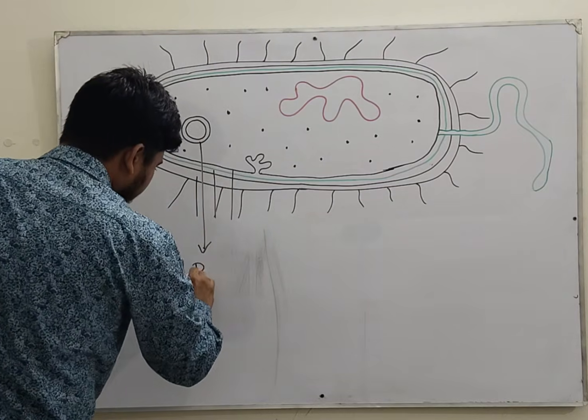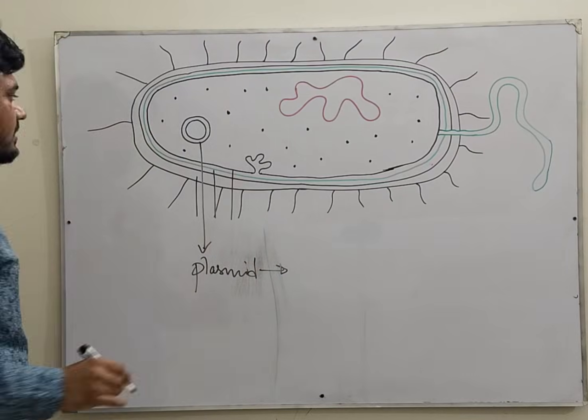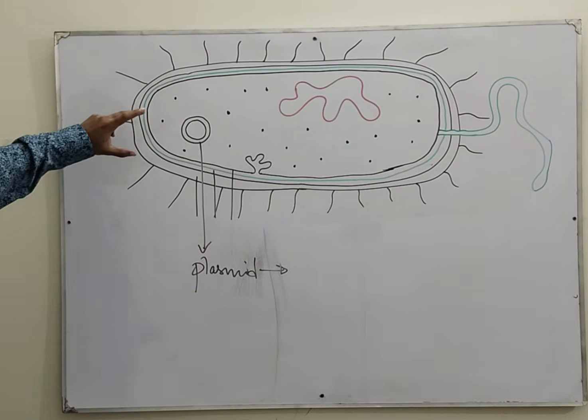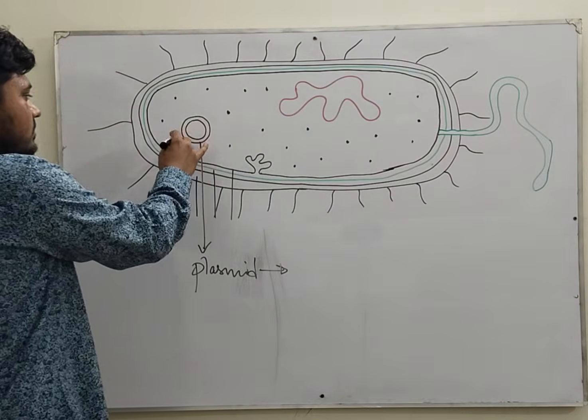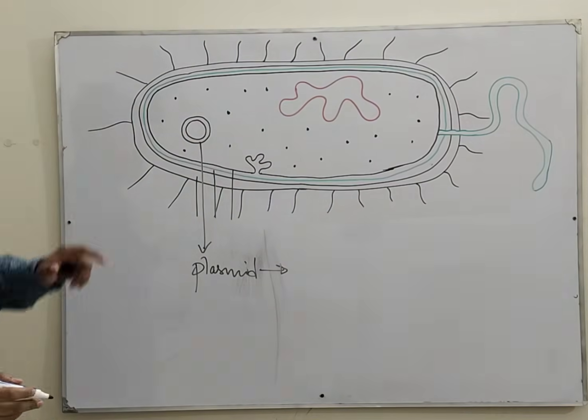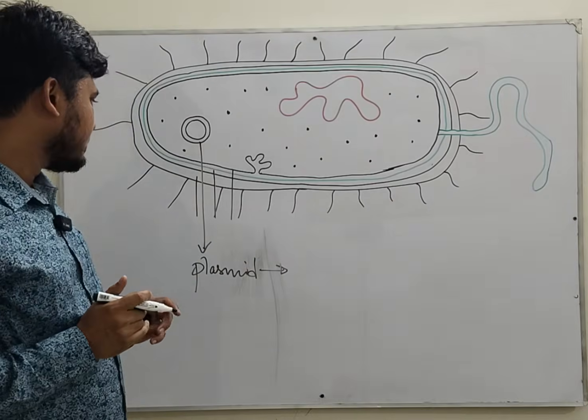Now this is plasmid. Plasmids are extra chromosomal, circular, double stranded DNA which are capable of replicating independently.